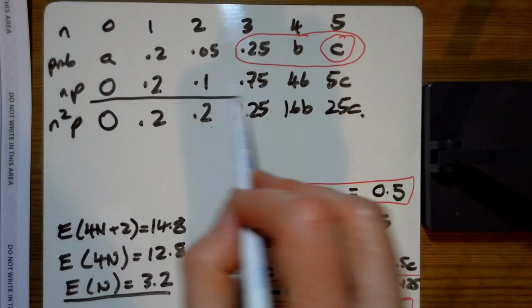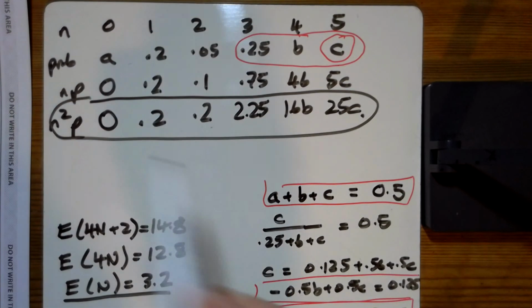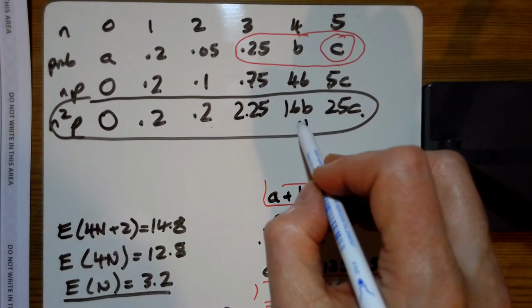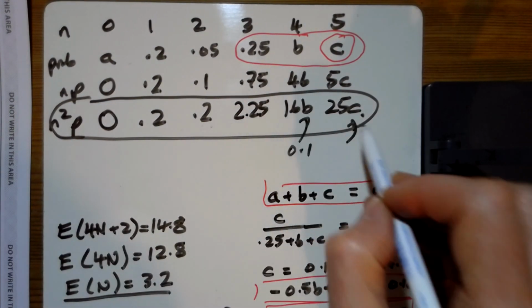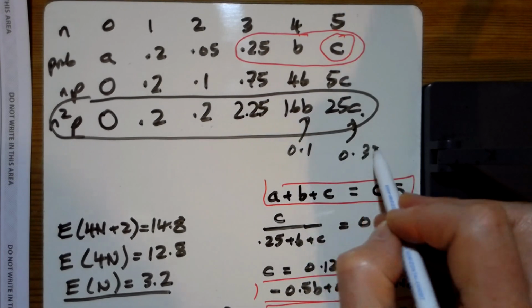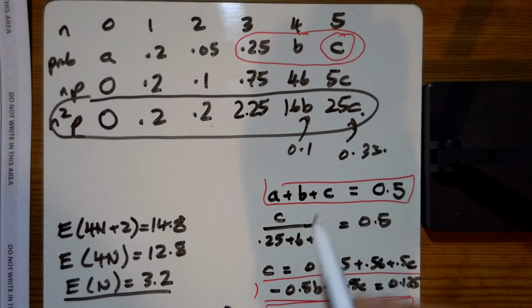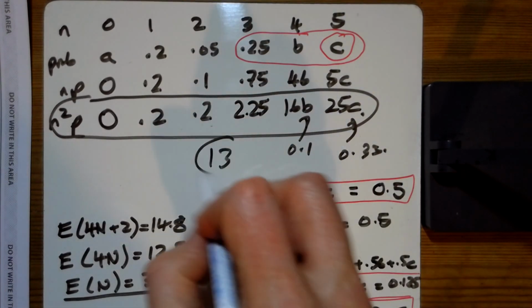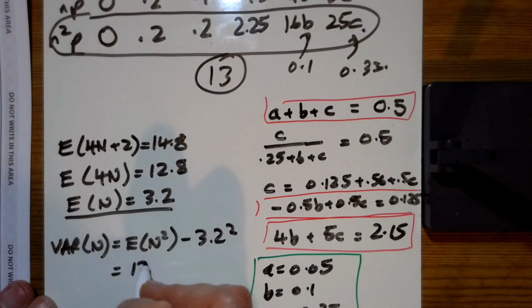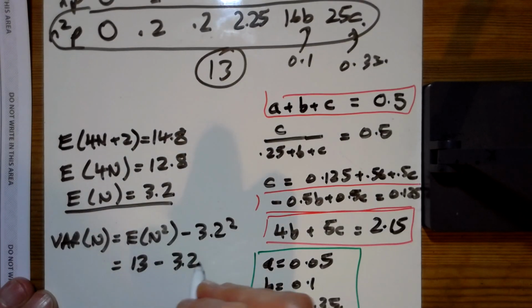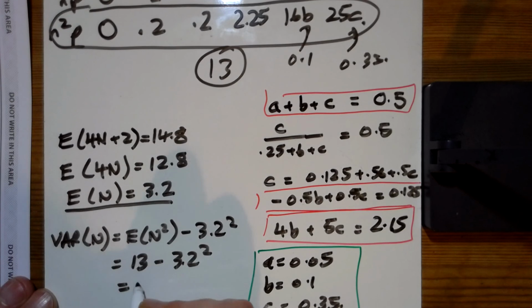The grand total of all of that, including the fact that we know that B is 0.1 and we know that C is 0.35, all works out to be 13, I believe. And so we've got 13 take away 3.2 all squared, which is 2.76.